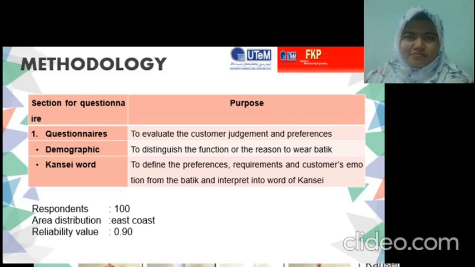After we made the questionnaire, we collected the data. The reliability value that we get is 0.9.